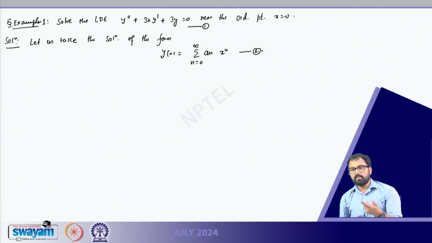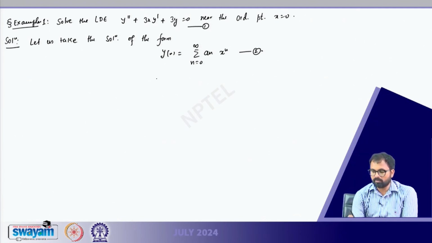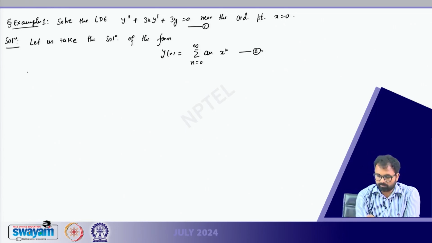So since we substitute this y(x) in equation 1, what will we get? You have to calculate the first order and second order derivative. So from equation 1 and 2, what do we get?